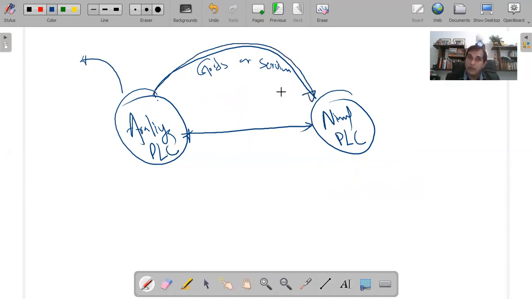Please keep that in your mind. Then Nimal PLC is the buyer. Those are the two parties involved with this contract. So Aralia entity transfers goods or services. In return, Nimal PLC should pay consideration.